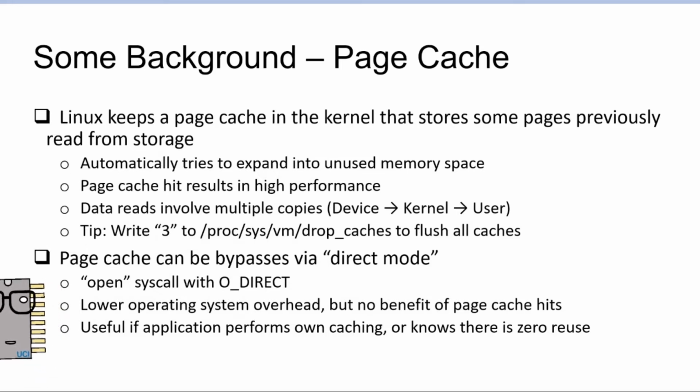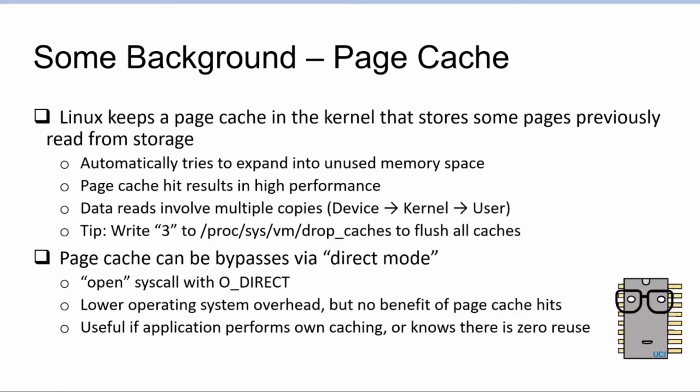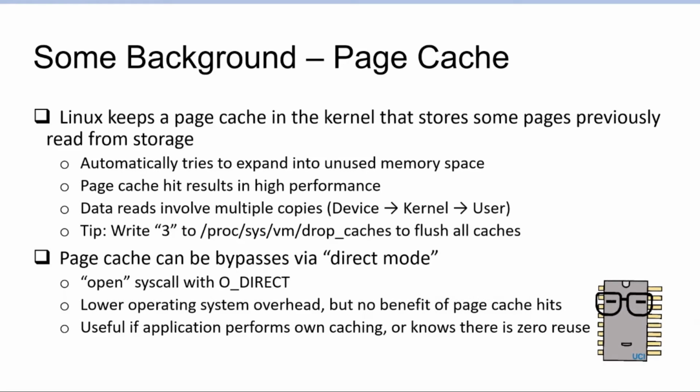So typically, if you know what you're doing, you can get noticeably better performance. But you get no benefit of page cache hits, because we are bypassing most of the kernel, and we're bypassing the page cache. So without O_DIRECT, if you had written to a particular location in the file and then you try to read from that location again later, you may have hit the page cache, getting you better performance.